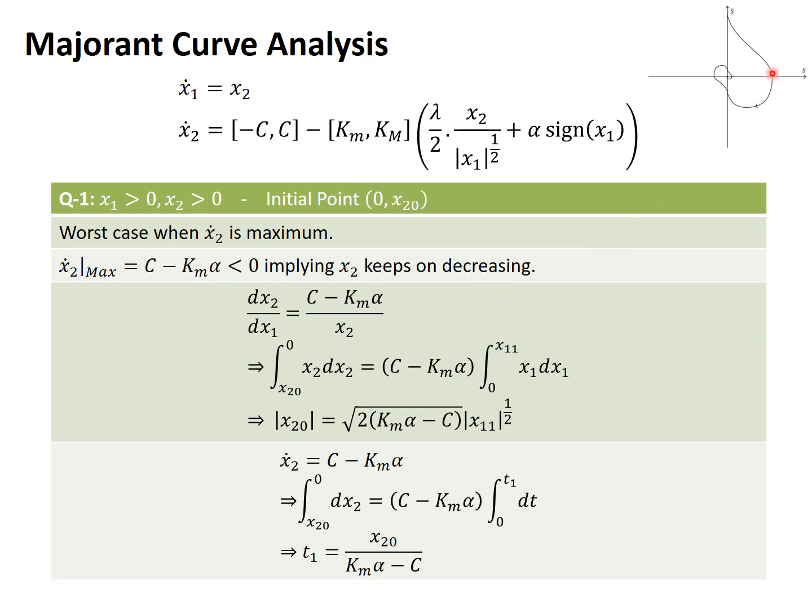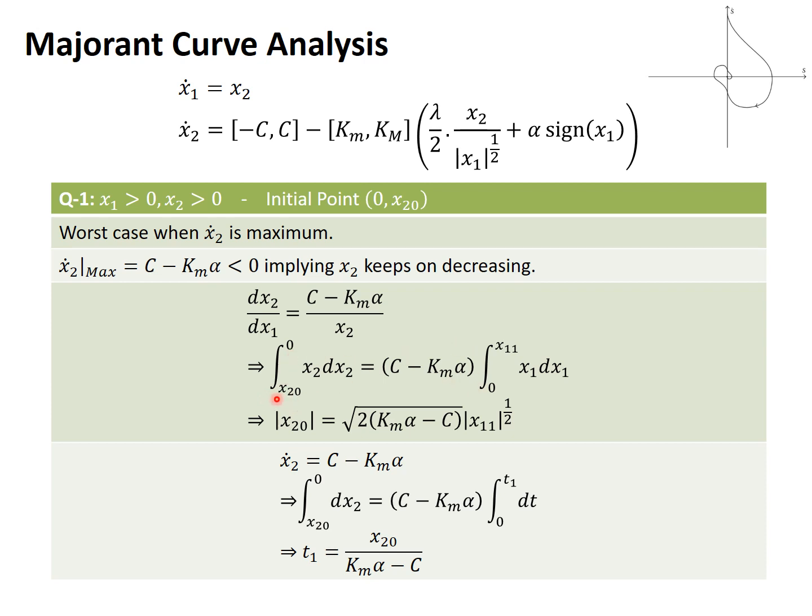Now, we have to find out this point x1. For that, what is the way to go ahead? Like we had done in twisting, we see what dx2 by dx1 is. This is simply the division of these two things. Now, x2 dot, as we have found out, in the worst case we take as C minus Km alpha, divided by x2. Now, we do an integration with limits from x2 0 to 0.